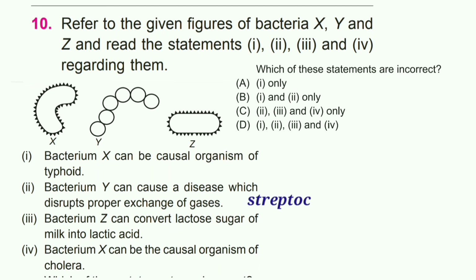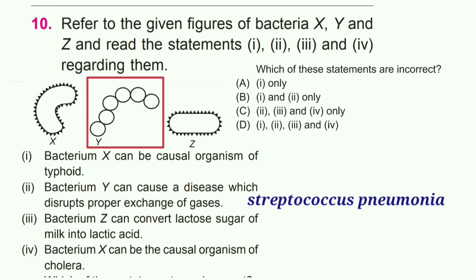Y is Streptococcus pneumoniae, which is spherical shaped. It is responsible for causing damage in lungs, which disrupts proper exchange of gases. It means lung function. So statement 2 is correct.